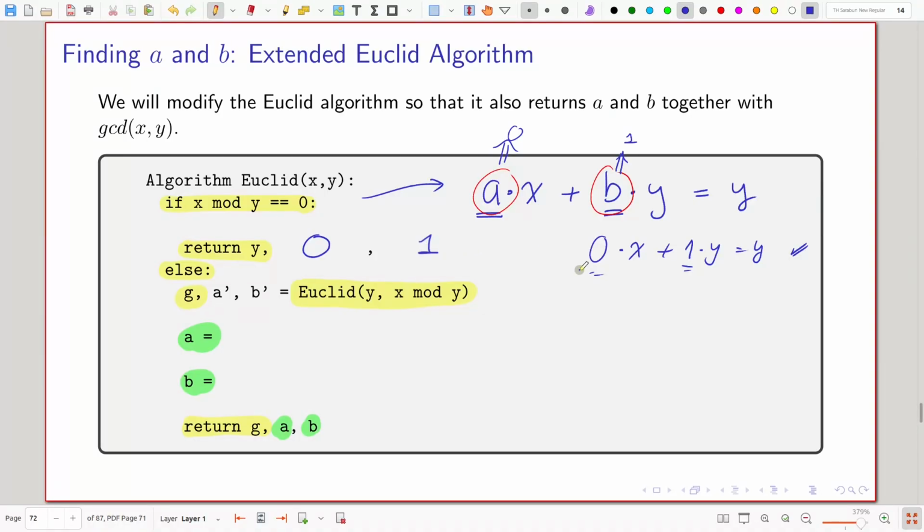So in the base case, Euclid's algorithm returns the GCD. If y divides x, I return y and 0 and 1. You might think that it doesn't make any sense, but that's the value that works. If your last step is 1 and something, then A should be 0, B should be 1.